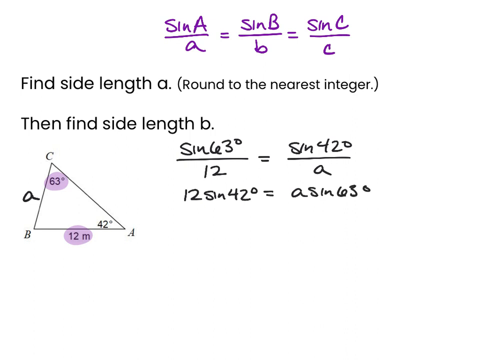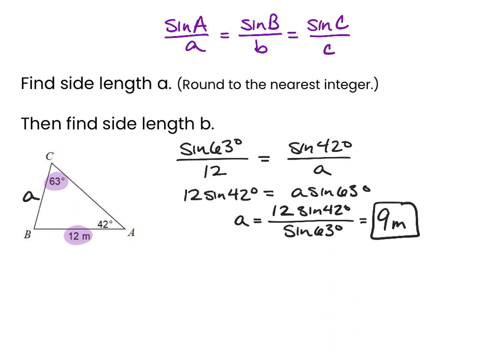Divide by sine of 63 degrees. We would say that A is equal to 12 sine of 42 degrees over sine of 63 degrees. And if we type that into a calculator and press enter, making sure our calculator is measuring in degrees and not in radians, we would get, rounding to the nearest integer, that A is 9 meters in length.